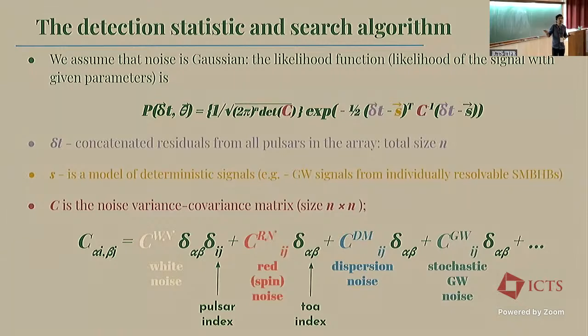Then there's this thing called dispersion noise, because the interstellar medium is not stable, it's a turbulent medium, so it doesn't have a fully deterministic model. So some of the things I did earlier are not enough to model that out. And then you can have any other source of stochastic noise. It could be gravitational waves, it could be something else.